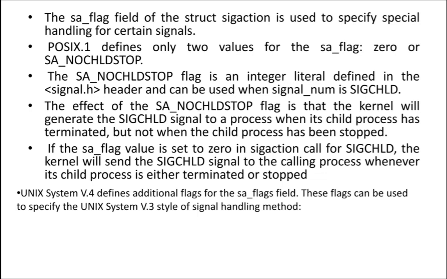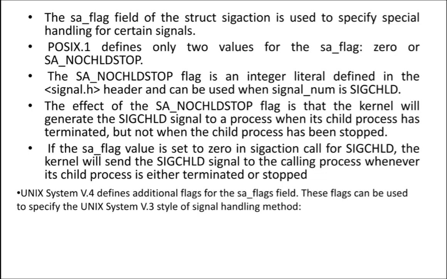So I'm going to use SA_NOCLDSTOP to tell that you have to wait until the parent clears the resources. The effect of the SA_NOCLDSTOP flag is that the kernel will generate the SIGCHLD signal to the process when its child process has terminated, but not when the child process has been stopped.